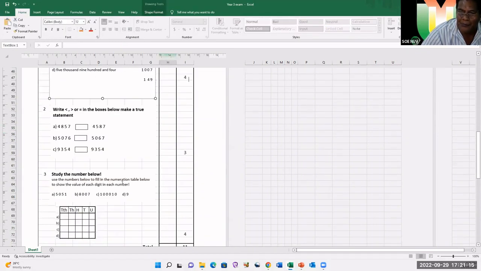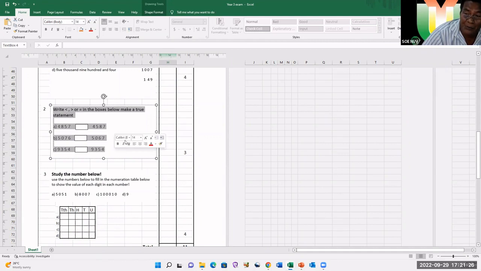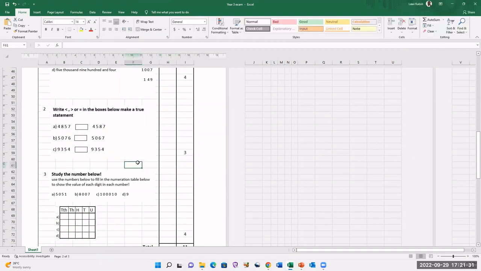Next one is comparison of numbers using less than, greater than and equal. We revise the blueprint here, and we write the paper according to that blueprint.